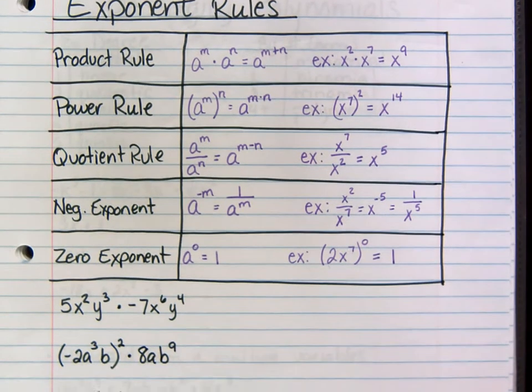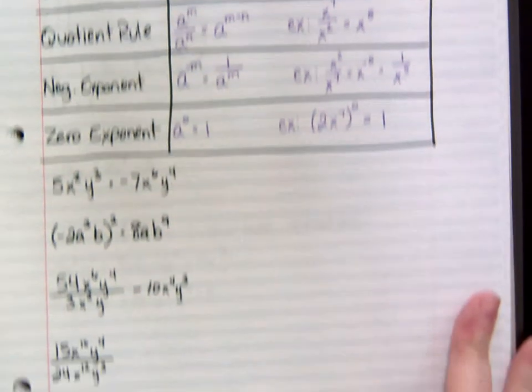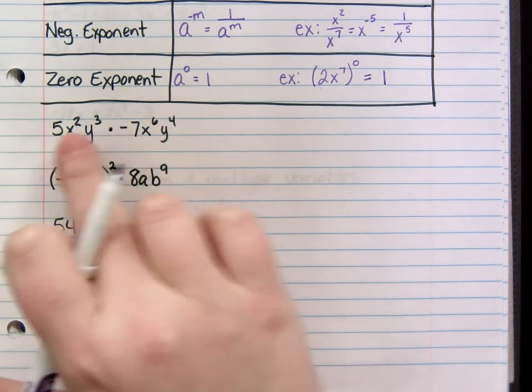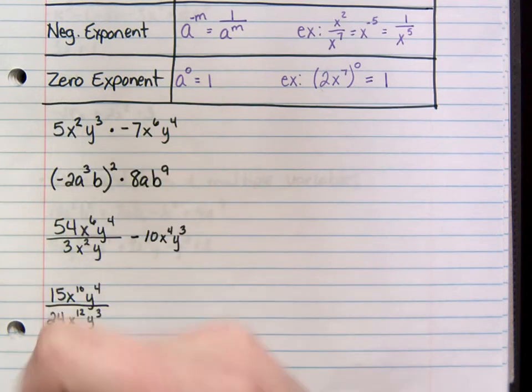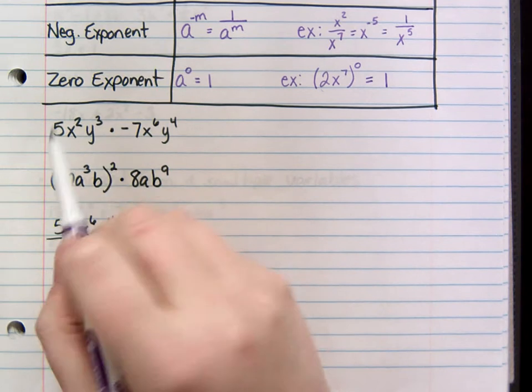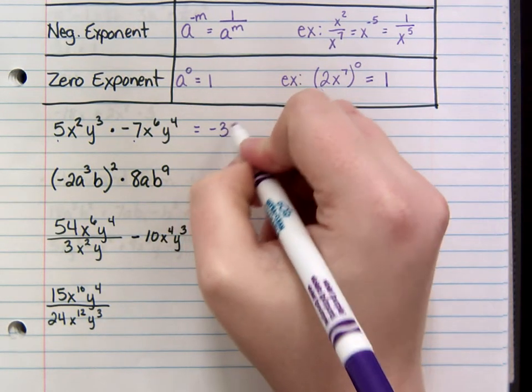So, let's look at some examples that use these rules. This first one, we are multiplying two monomials. So you are basically multiplying the similar types. So 5 and negative 7, I'm going to multiply that to get negative 35.